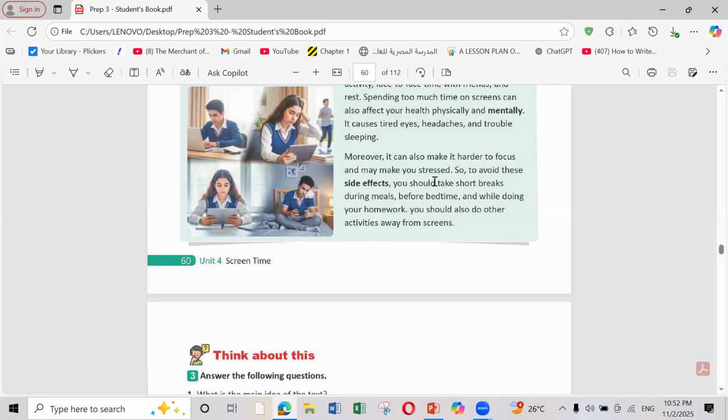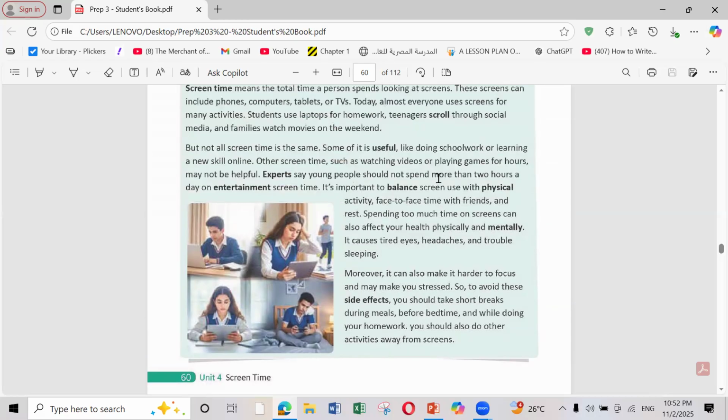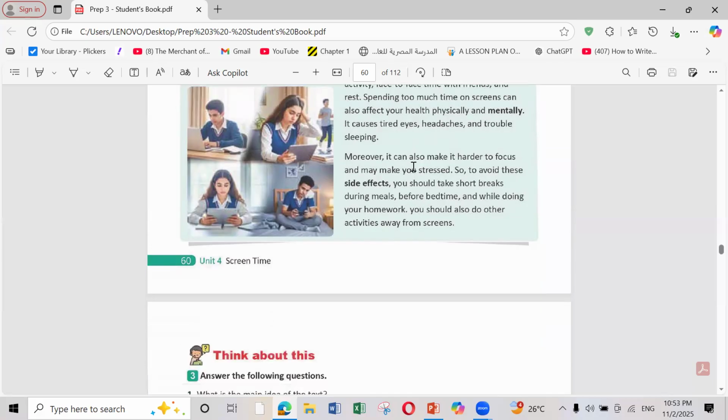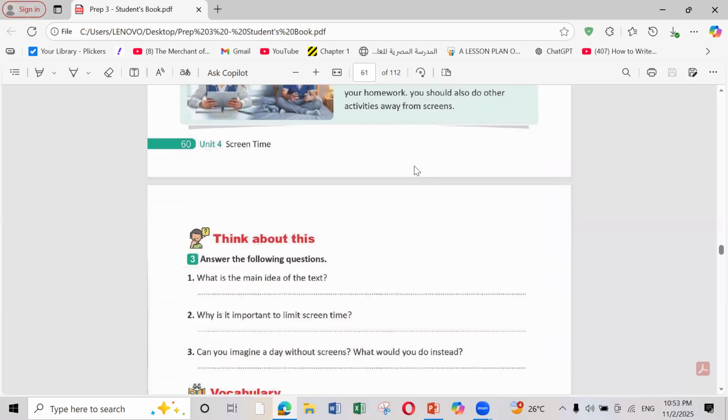Here, if you look at also the second paragraph, it's important to balance screen use with physical activity, face-to-face time with friends, and rest. Spending too much time on screens can also affect your health physically and mentally. So it causes tired eyes, headaches, and trouble sleeping. All of these we can use them to answer the second question.